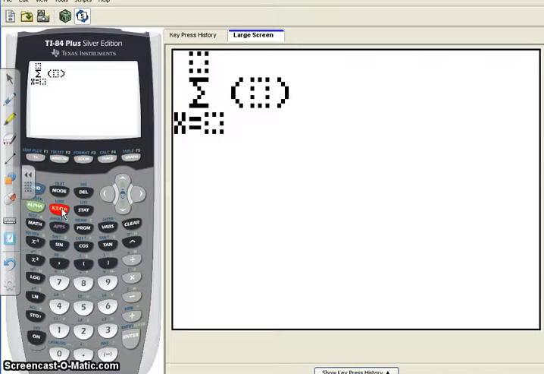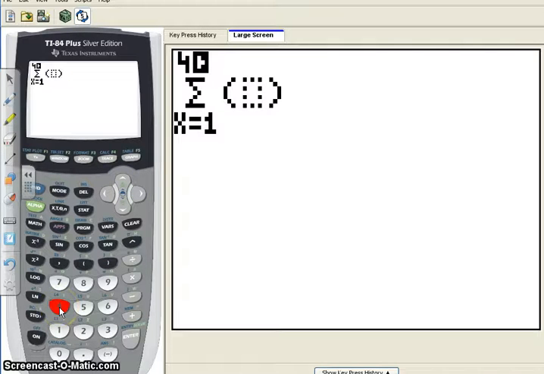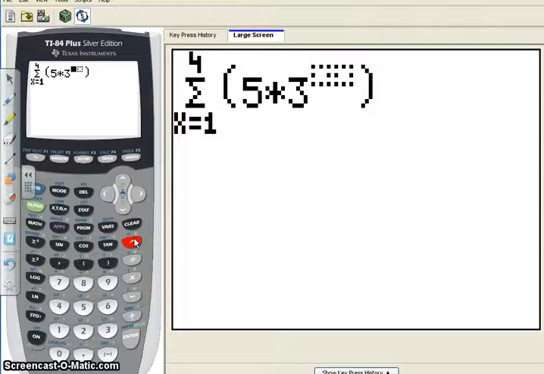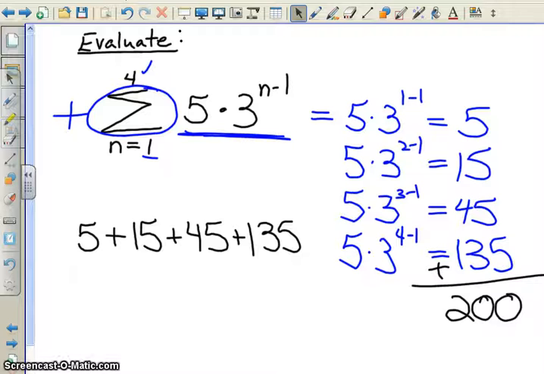My variable, I'll say, is x, starting with the first term, going to the fourth term of my sequence, 5 times 3 to the x minus 1. 200.